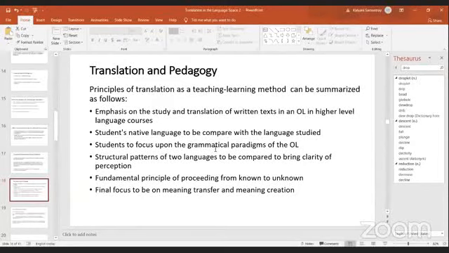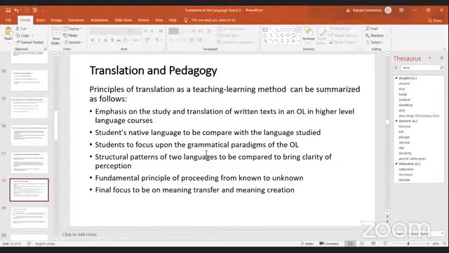So there should be focus on the grammatical aspects of the other language. To bring about clarity in perception when meaning is concerned, the structural patterns of the two languages can be compared so that students understand the distinctions and the similarities, and it becomes easy to perceive the meaning that is available in the text.